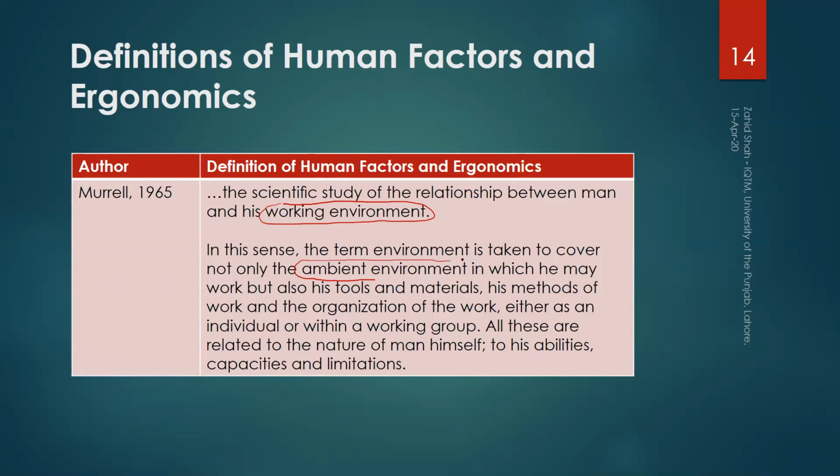So environment means two things. One is the ambient environment, that is, for example, working conditions like temperature, humidity, lighting, noise, and things like that. So that is the ambient environment in which he may work, but also his tools and materials.